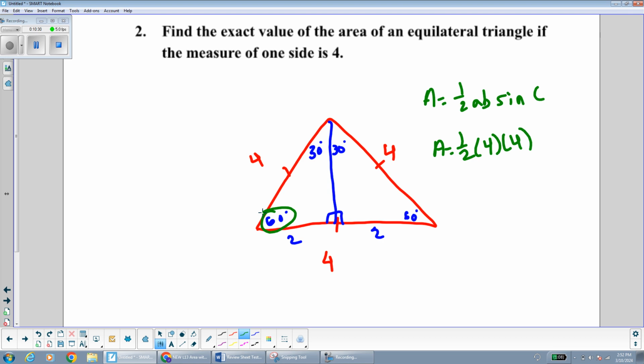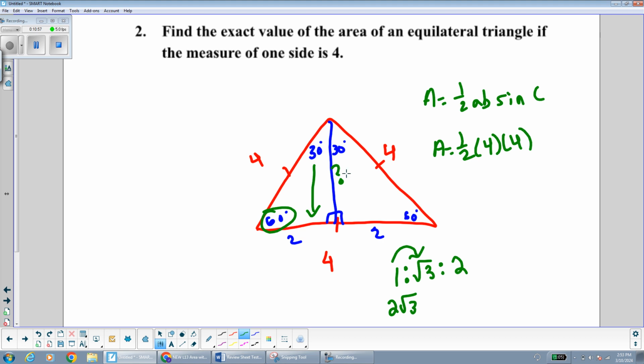So sine is opposite over hypotenuse. I already know the hypotenuse is 4, but I don't know the opposite side. But I can use the ratio of the 30, 60, 90 triangles to figure it out, because I already know that the smallest side, opposite the smallest angle, is 2. To get from the smallest side to the middle side, all I have to do is multiply by radical 3, which would be 2 radical 3.